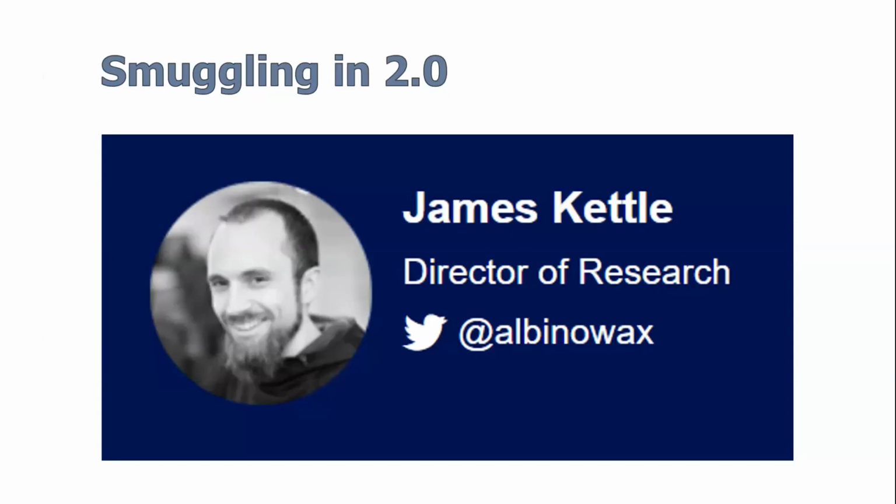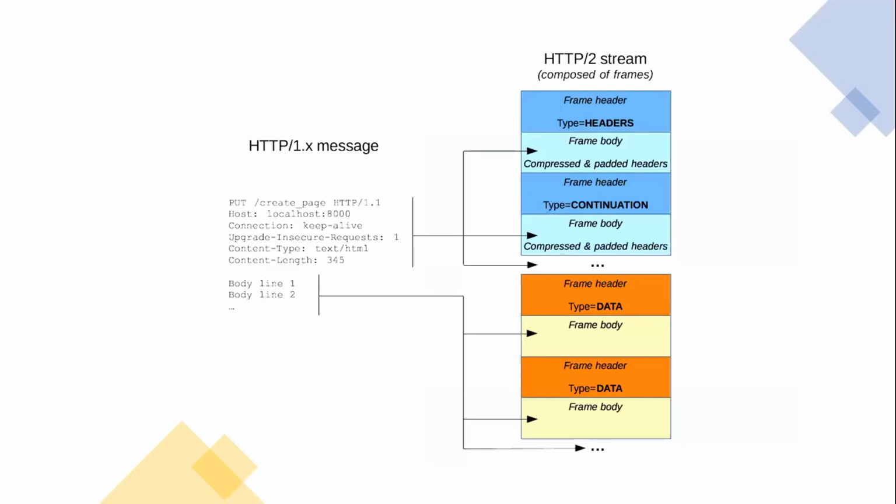Now enter HTTP 2.0. There is a security researcher called James Kettle, and he published a very interesting paper. All we've talked about right now is HTTP 1.1. This is the old protocol. Well, actually, it's ancient. Everyone moved to HTTP 2.0, which is also ancient, but that's how it works.